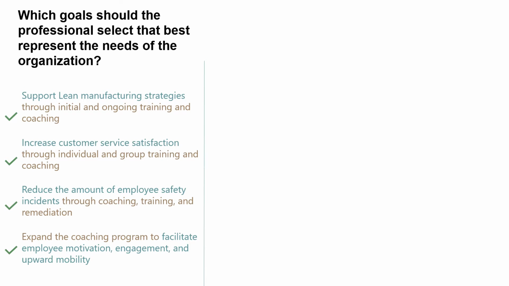So support lean manufacturing strategies through some kind of training or coaching, increase customer service satisfaction through some kind of training or coaching, reduce the amount of employee safety incidents through coaching and training and remediation. And then the last one is reverse: expand the coaching program to facilitate, and so on.